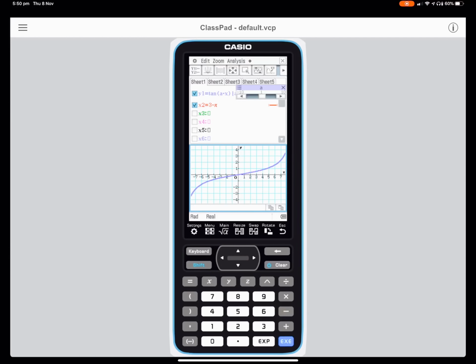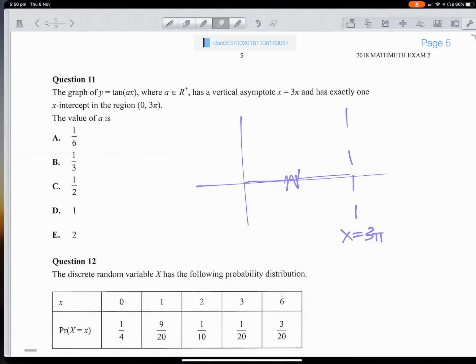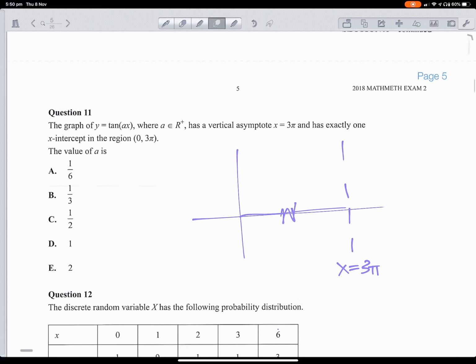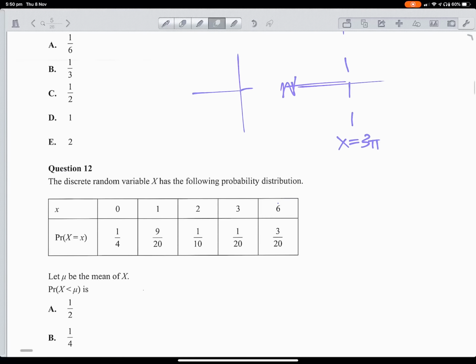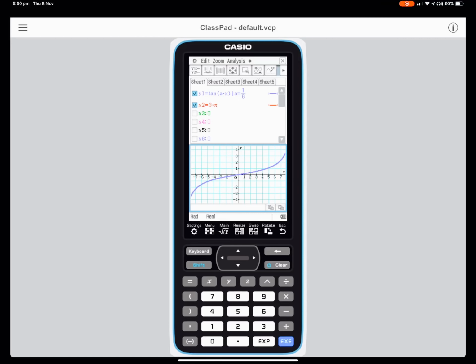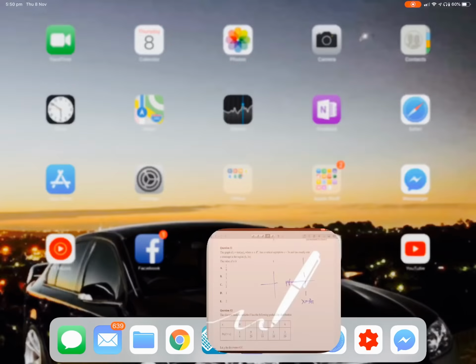Sketch it. Okay, that has an x-intercept on 0, so that's no good. What was the next one? 1/3 and then 1/2. 1/3.